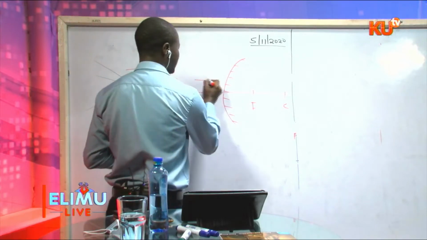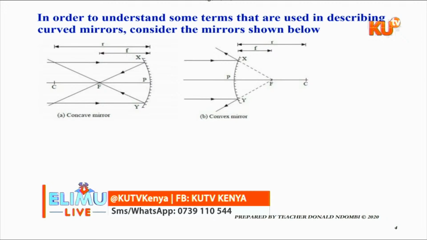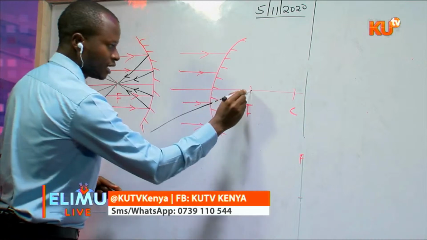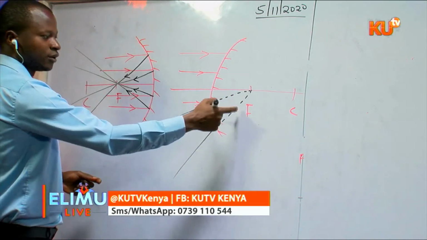What about the convex mirror? For a convex mirror, the rays that are parallel and close to the principal axis will be reflected such that they appear to diverge from the principal focus. So this one goes like that. It appears to be coming from there. Remember, the dotted lines mean they are not real. These rays are not there.